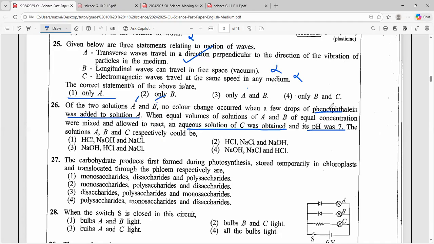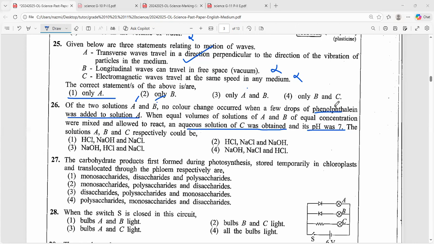Phenolphthalein with acid is colorless, but with bases it gives pink color. If A and B give no color change, can it be a base? No. So then C has to be NaOH.